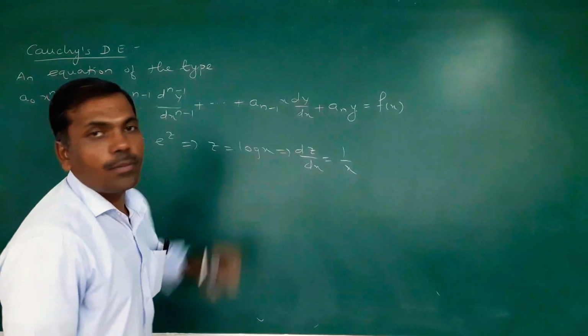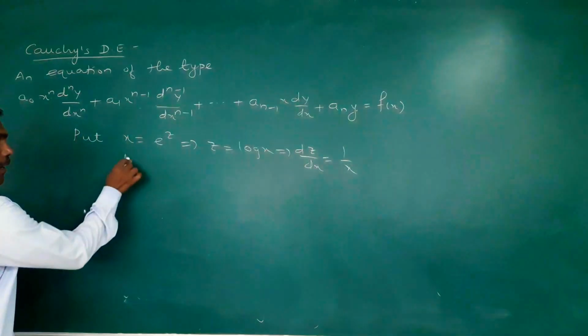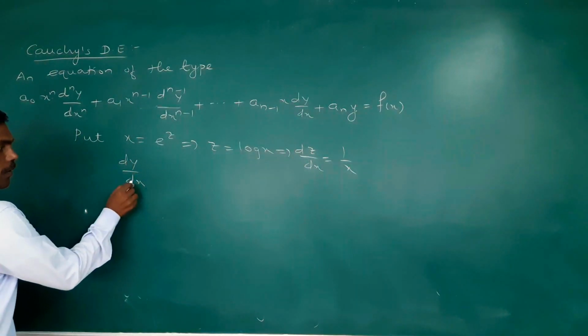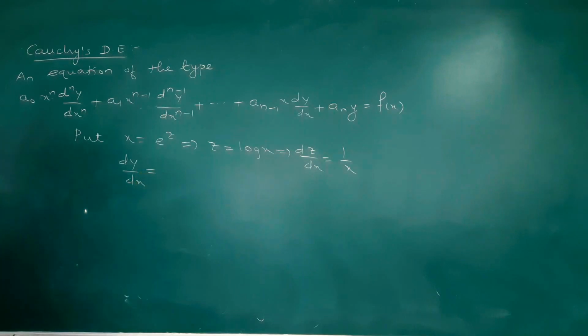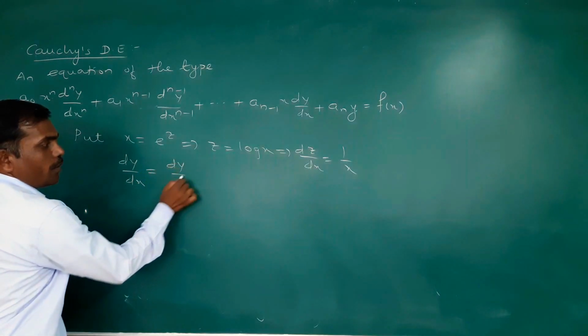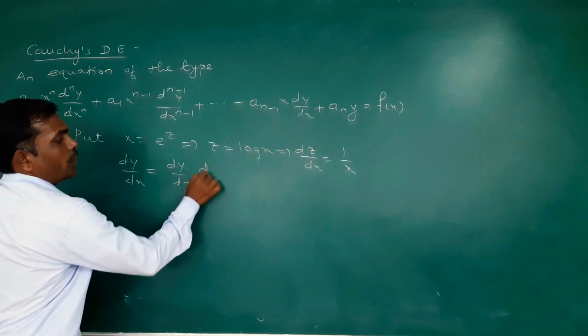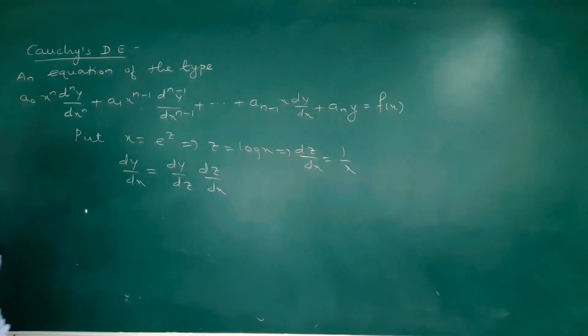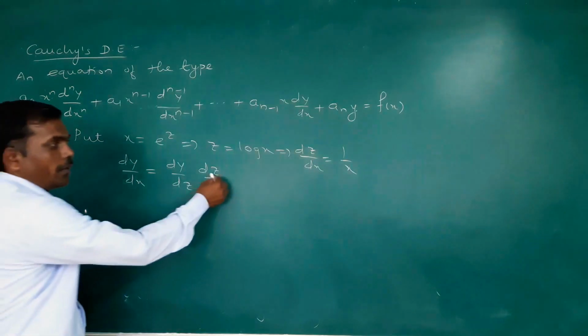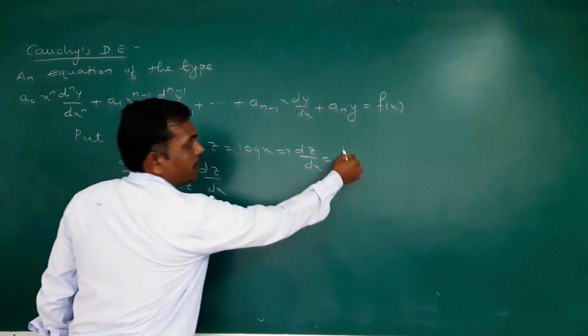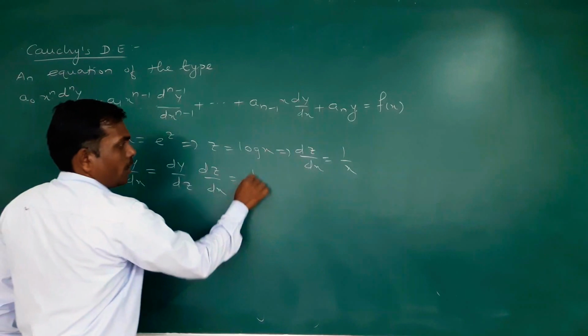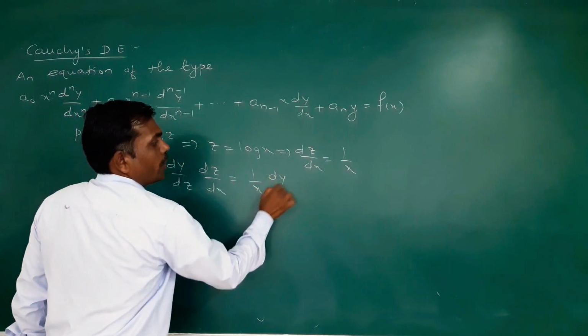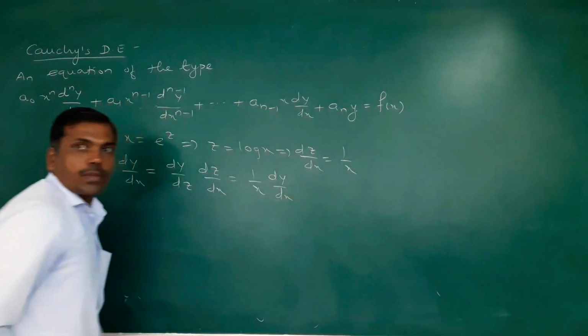Now let us find dy by dx. dy by dx is equal to dy by dz into dz by dx, our chain rule. But what is the value of dz by dx? It is 1 upon x. So I get here 1 upon x into dy by dz. Correct?